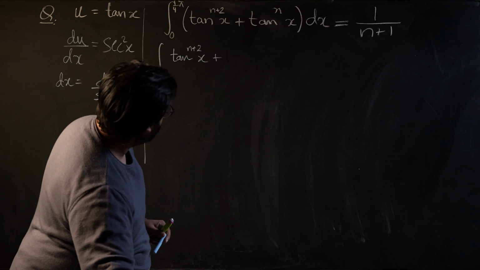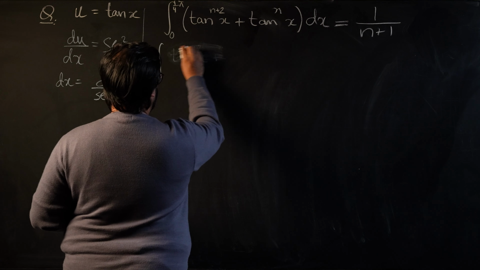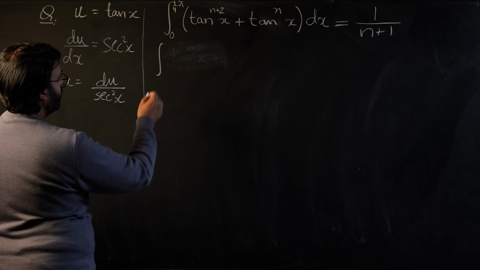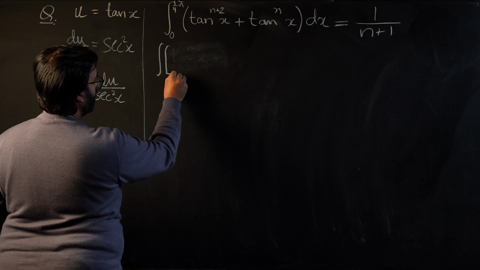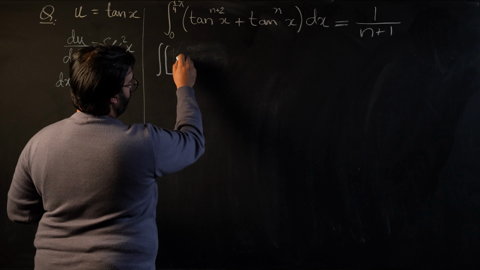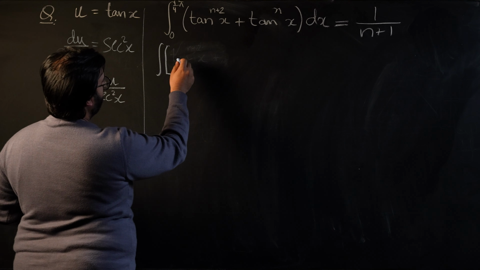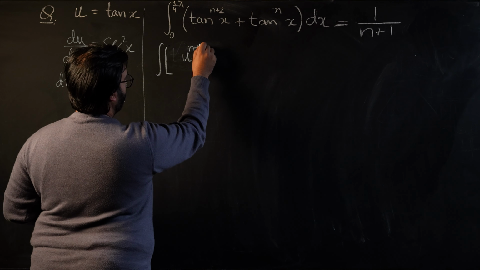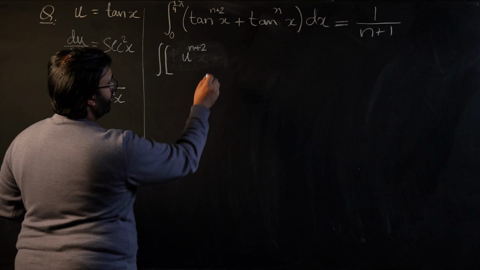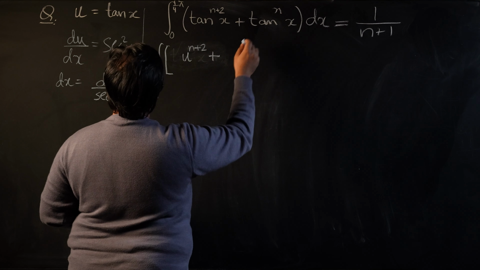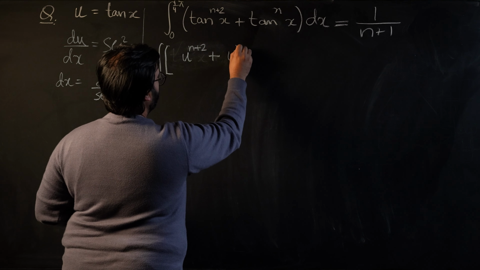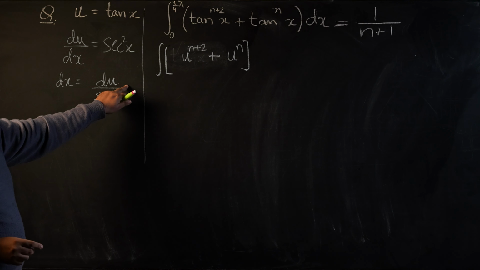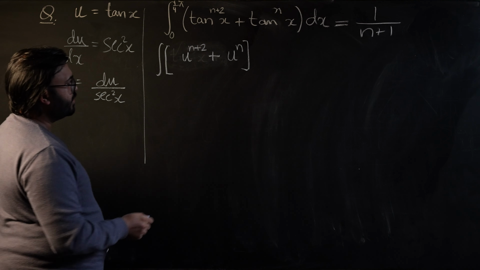First of all, I should start getting rid of tan by writing it as u raised to power n plus 2, and plus u raised to the power of n, and over on the outer side we will have du over secant square x.